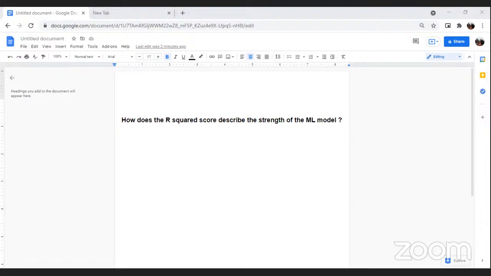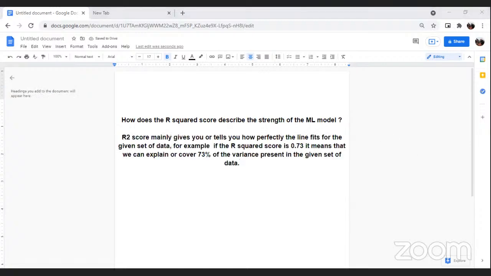Hypothetically, if the R squared score is 0.73 or 0.85, it means the model explains 73% or 85% of the variance present in the given data set. Right, Kritik.